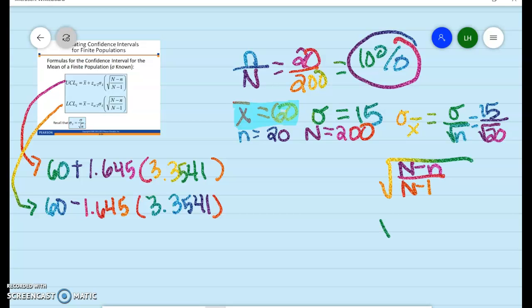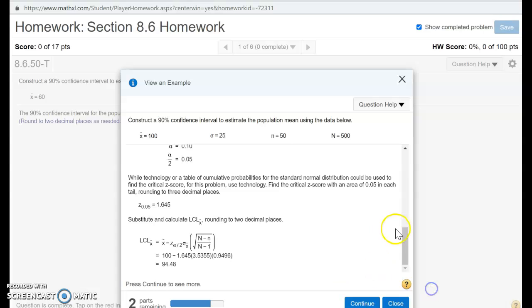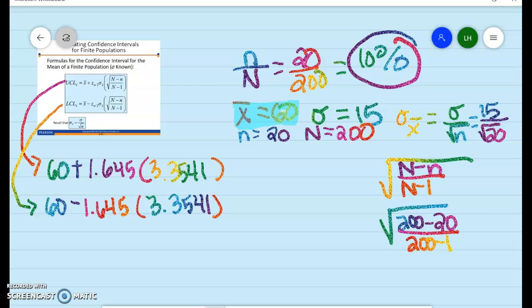All right, so we get 200 minus 20 divided by 200 minus 1, and we're going to take the square root of that, and we get 0.9511 because we're still rounding to 4 decimal places.